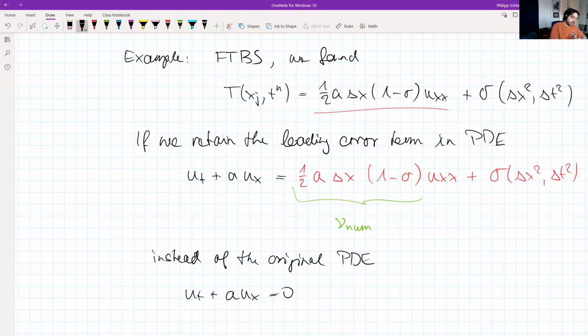So instead of solving a hyperbolic problem, the advection equation, well, we actually solve an advection diffusion problem.